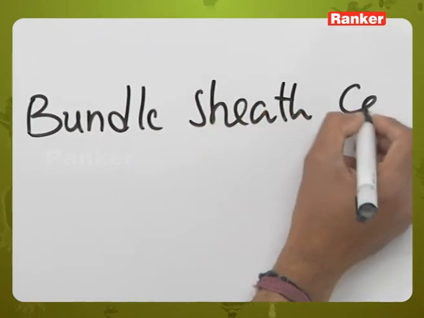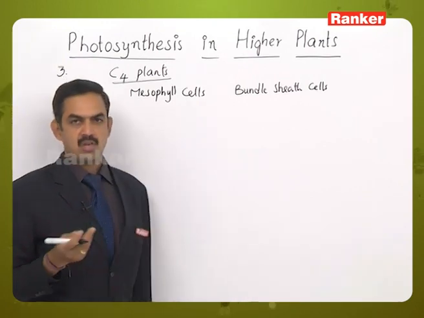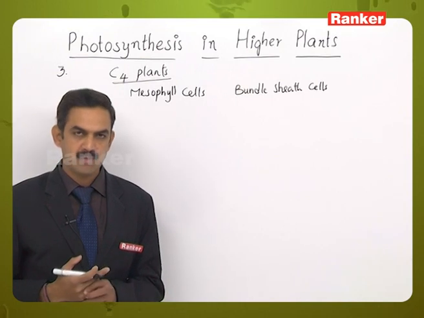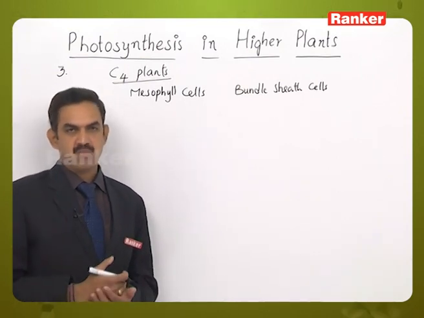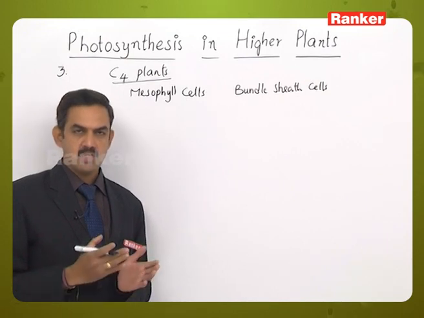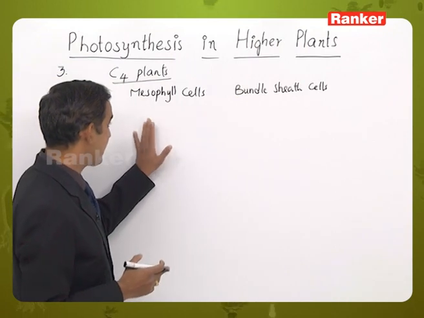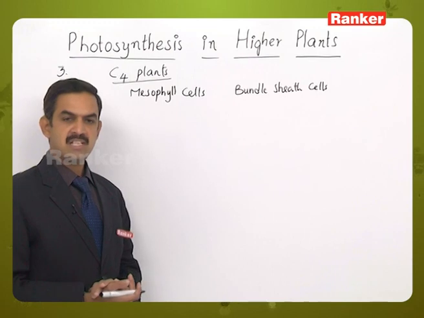In the mesophyll cells, carboxylation takes place, that is, carbon dioxide is accepted by the primary acceptor, PEP, which is converted into oxaloacetic acid. That oxaloacetic acid is converted into malic acid in the mesophyll cells, and that malic acid is transmitted from the mesophyll cell to the bundle sheath cells.